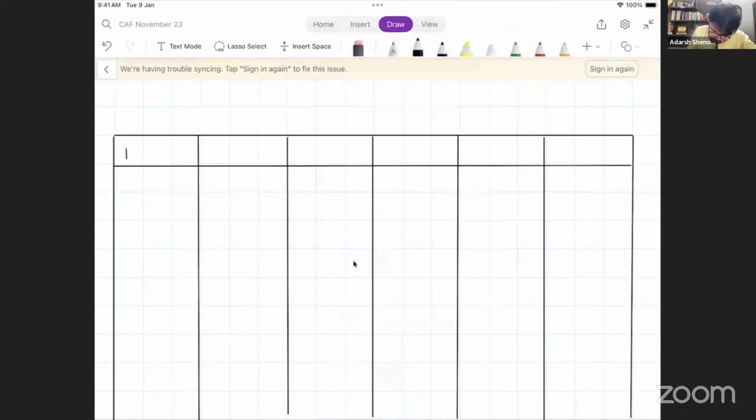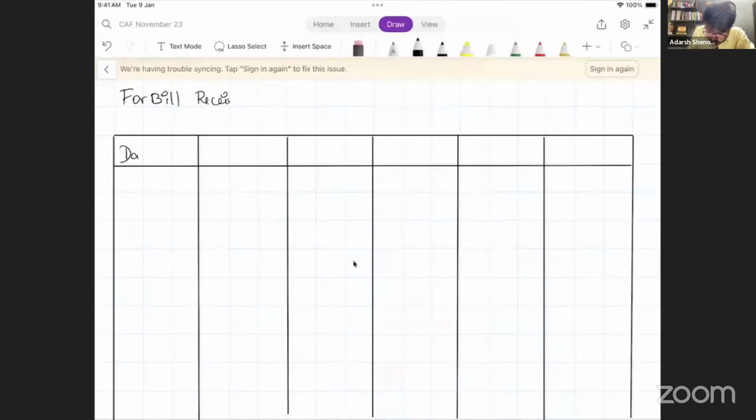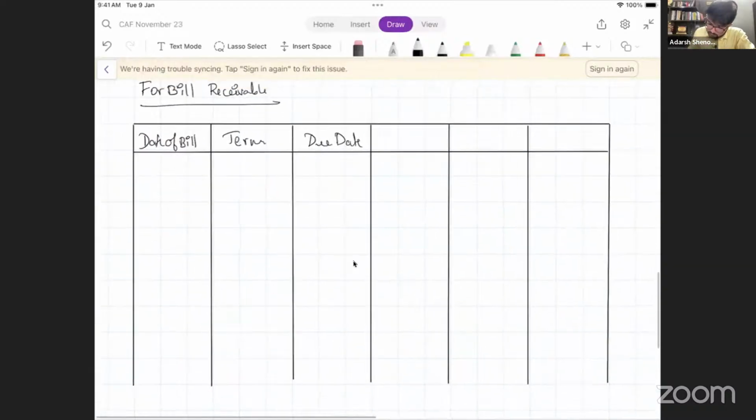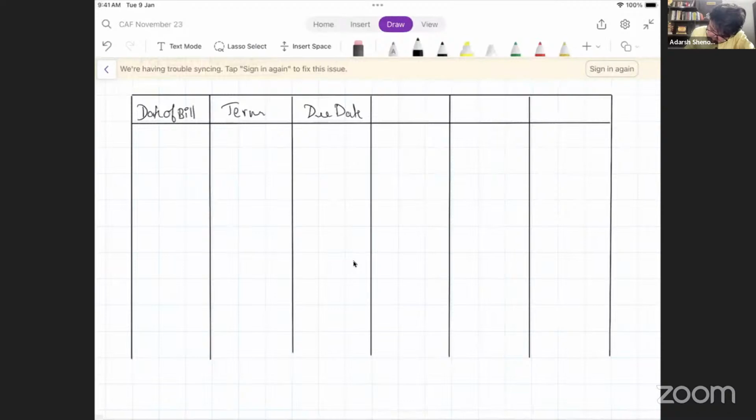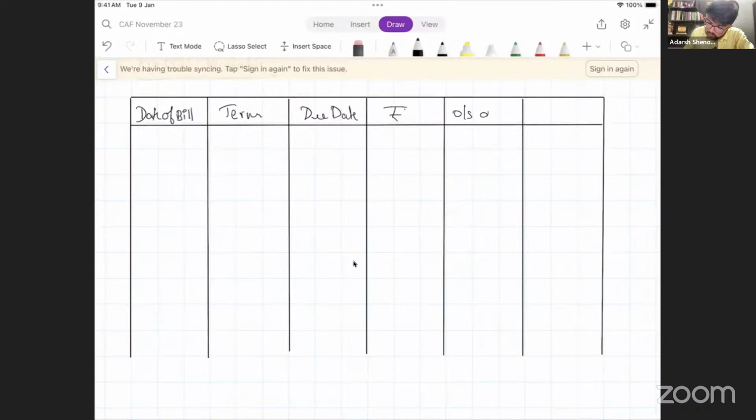So you have the date of the bill. This is for bills receivable. Tenure or term of the bill, due date, and you need the amount, outstanding days, product.